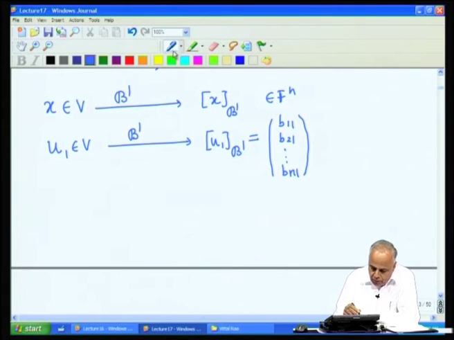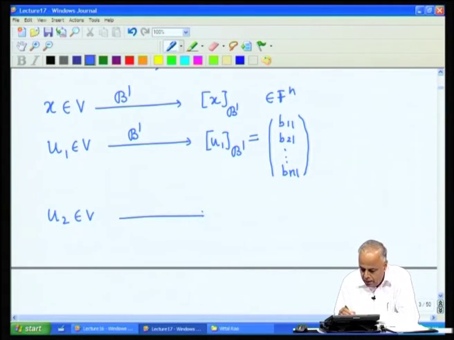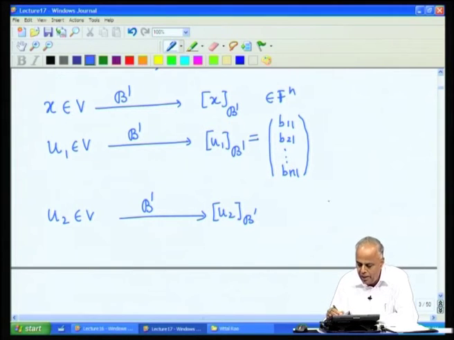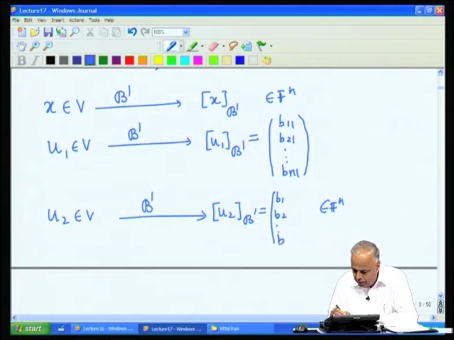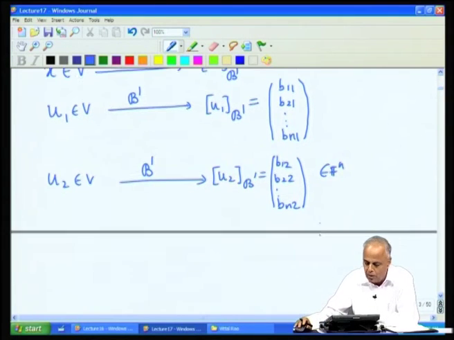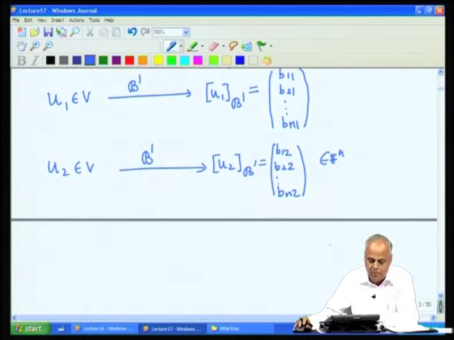Similarly, if we now take u2, that can be represented in the B prime basis as a vector u2 B prime in Fn, and that vector again we represent as b12, b22, bn2. There will be a second index 2 in order to ensure that we are talking about the second base vector.